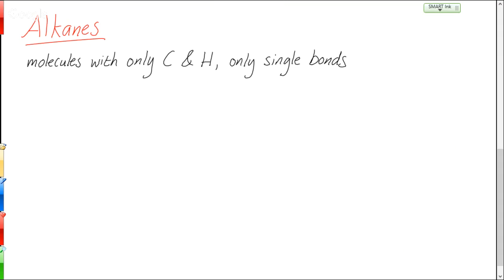So they're just carbon and hydrogen and just single bonds. And we're going to learn some of their names and look at some of their structures and use them to learn the most common way of drawing structures in this area.